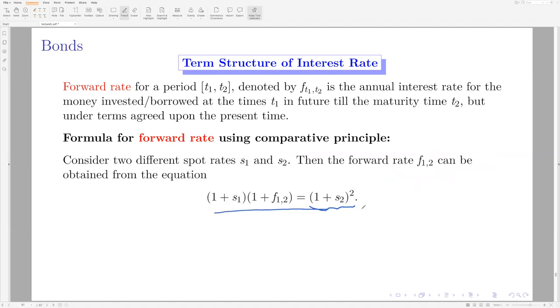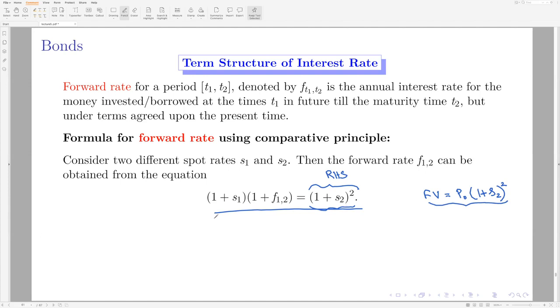What is this equation? Let us try to understand. What is the right hand side? The right hand side is nothing but the future value of the 2-year bond. The future value is the initial price that you paid, P0, times (1 + S2). Remember, we are assuming compound interest compounded annually. So with that, this is the future value, right?